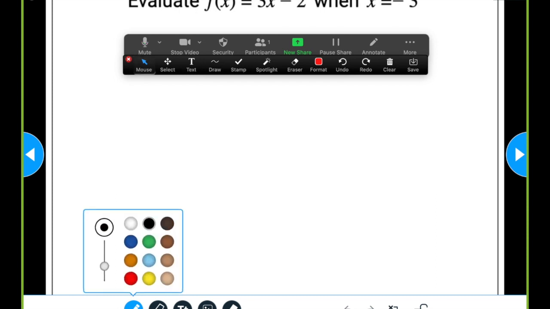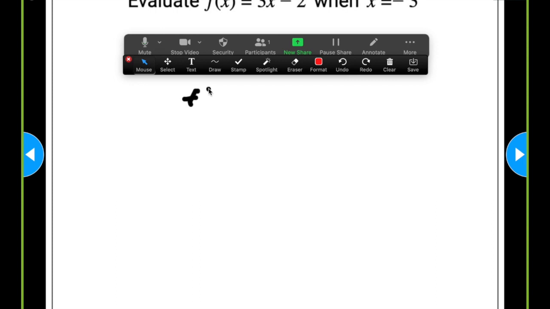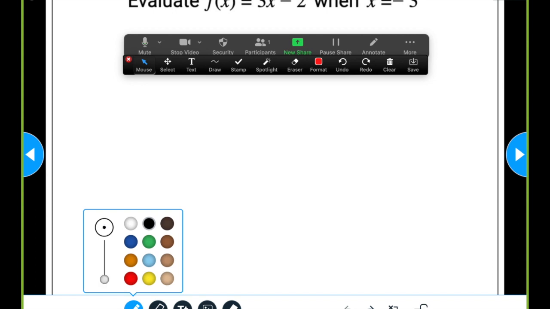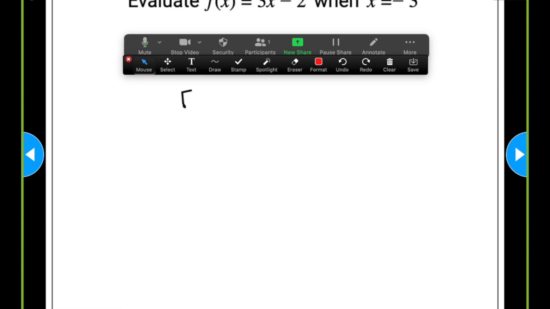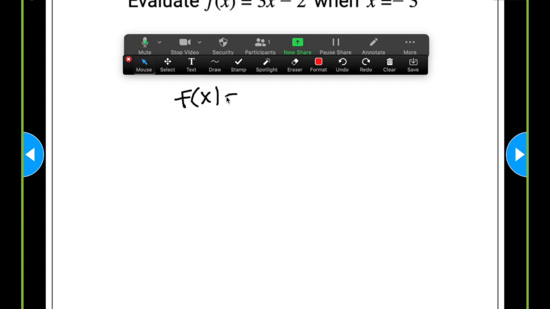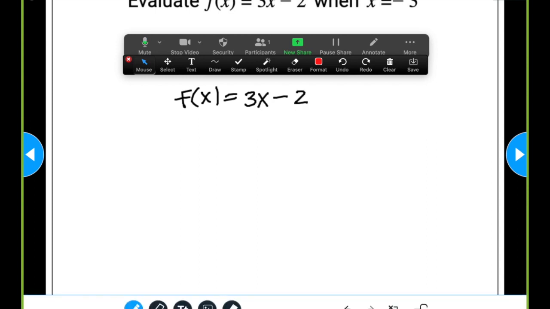So we have f of x equals positive 3x minus 2, and I want to input x equaling negative 3.